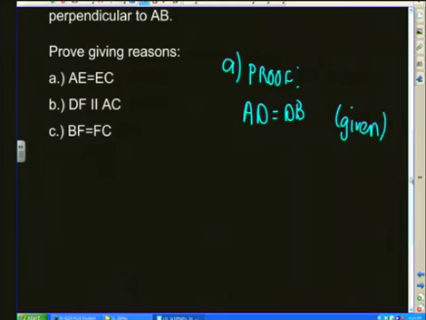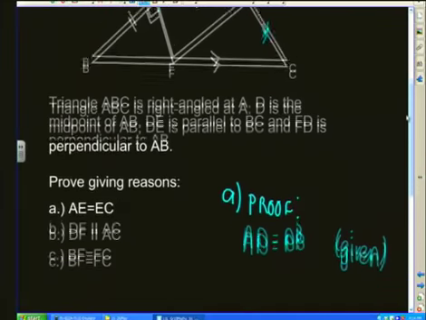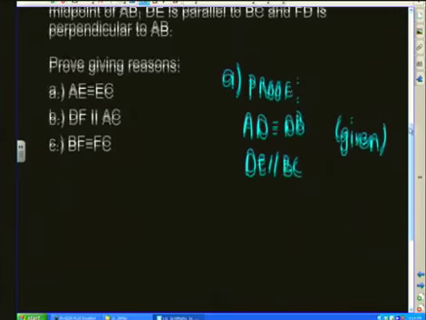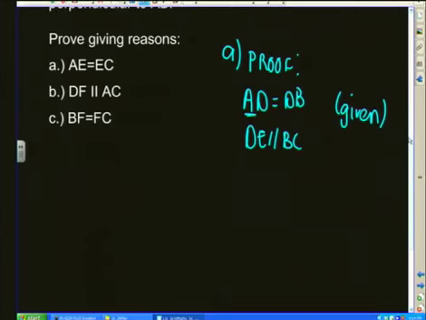We also know that DE is parallel to BC. That was also given to you. So you've got a line that's joining the midpoint of one side of the triangle to another side of the triangle, and you know that that line is parallel to the third side of the triangle.